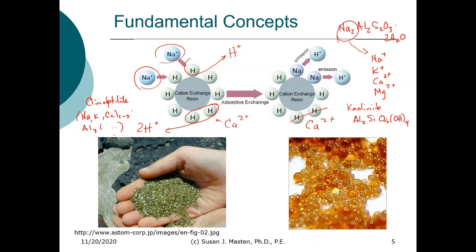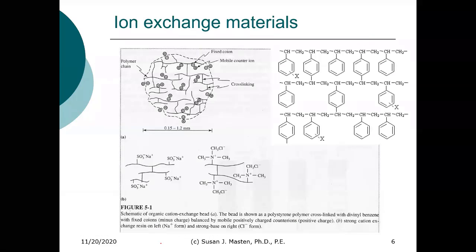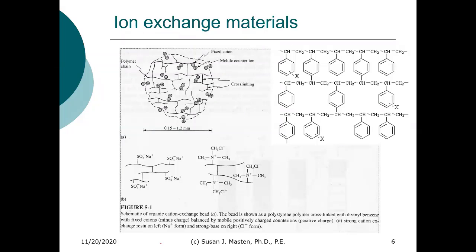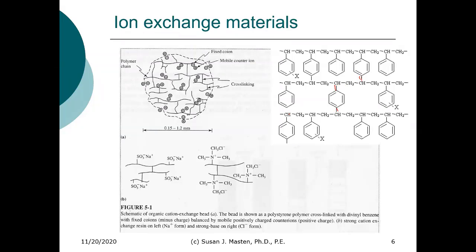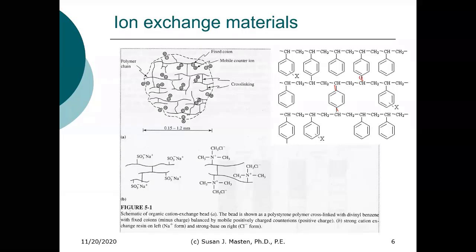But you have these different species. Like I said, they can be soils, they can be synthetic polymers, like you see here. You see the polymeric structure here. We often talk about cross-linking, and you can see the cross-linking here. So you've got a benzene ring, and then you have multiple carbons that are associated with the benzene ring.